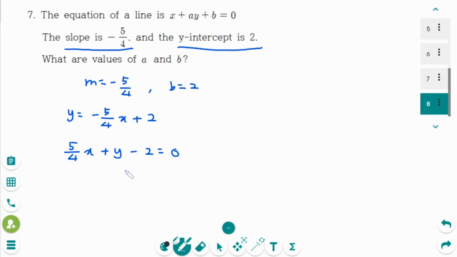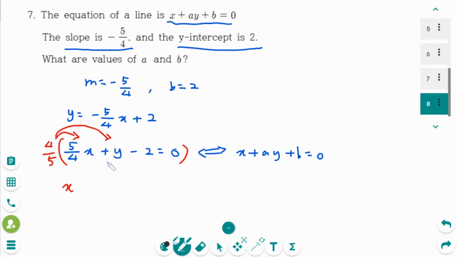But this one is the same as the first equation, x plus ay plus b equals 0. So times 4 over 5 on each side. Then expand the first one, make x.